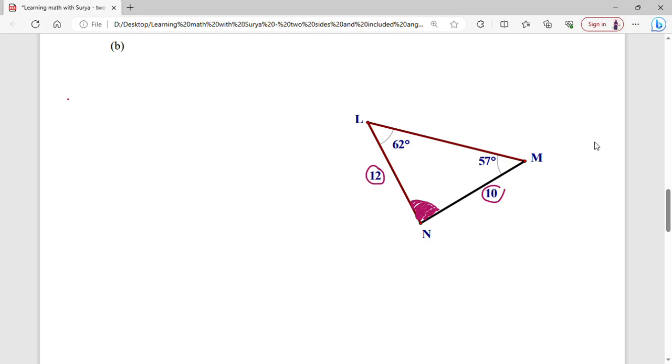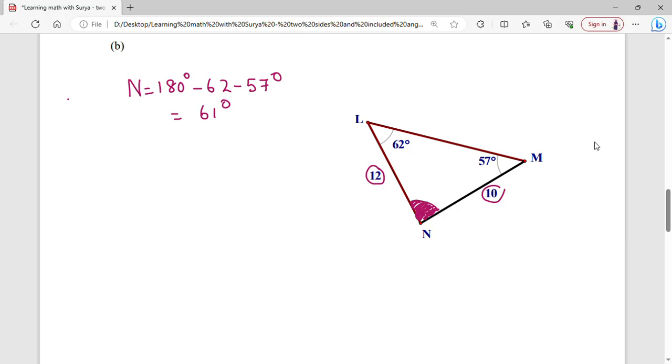We know that the sum of angles in a triangle is 180 degrees. So, N is equal to 180 minus 62 minus 57, which gives you 61 degrees.